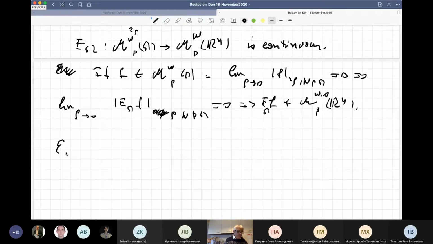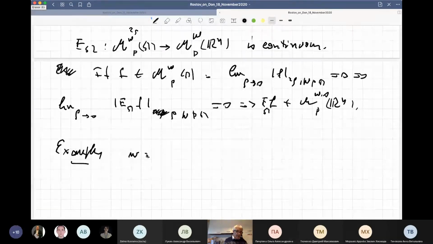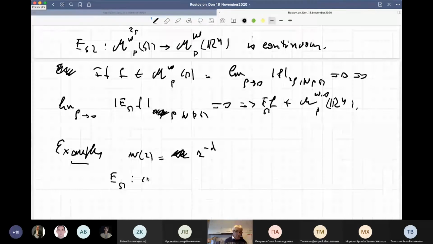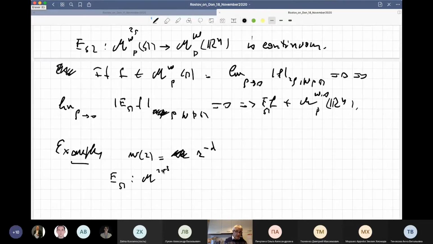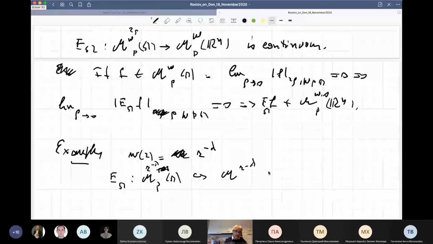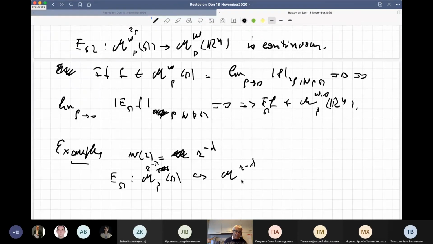Examples. So you can take as weight W the weight R to the minus lambda. And you deduce that the extension omega is linear and continuous from Morrey R to the minus lambda P omega into Morrey R to the minus lambda PRN.